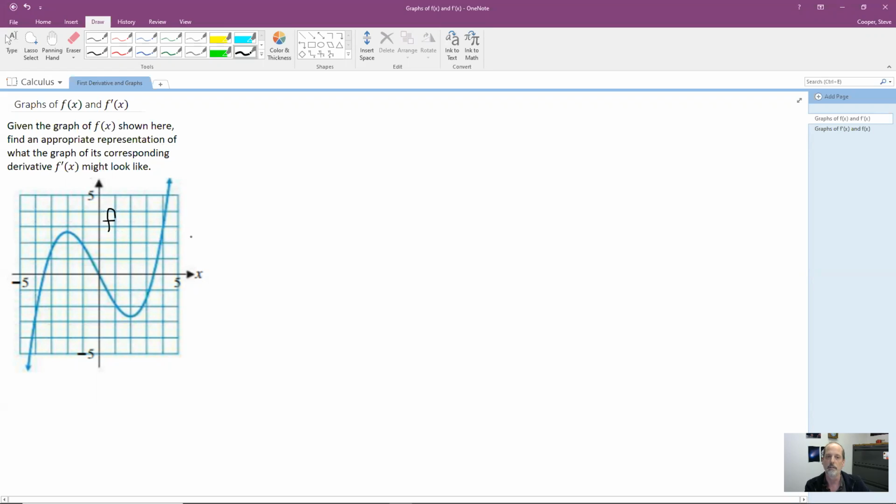So first of all, what does f of x and f prime of x mean? Well, here's f of x, and we don't even care what the rule for this function is. We're just looking at its appearance.